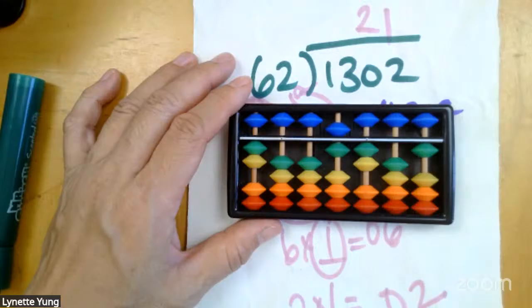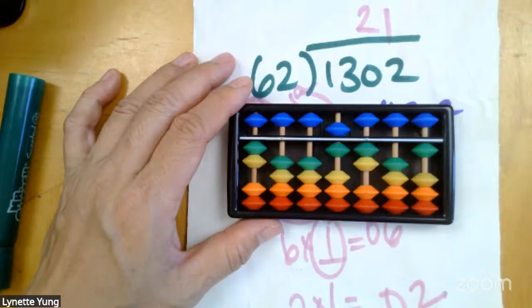I was trying to learn it the way Lynette was teaching, and I had to force myself to do it on the abacus. I still get hiccups, believe me, but it's easier nowadays.